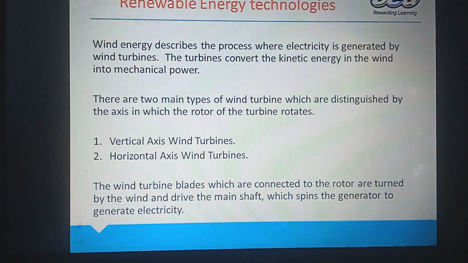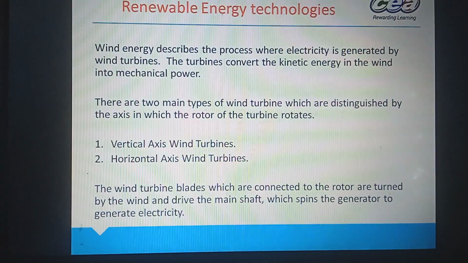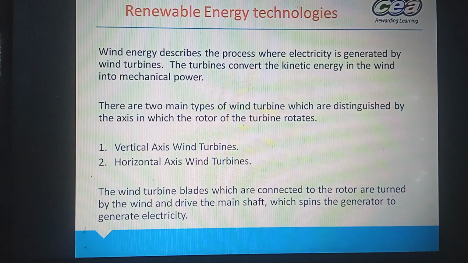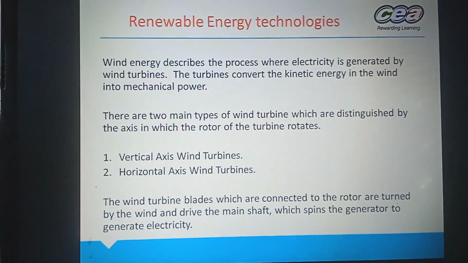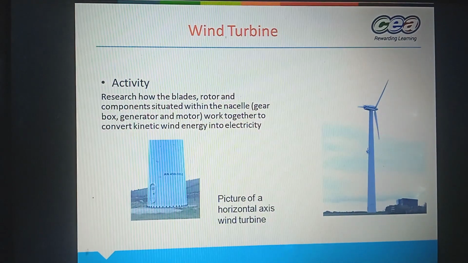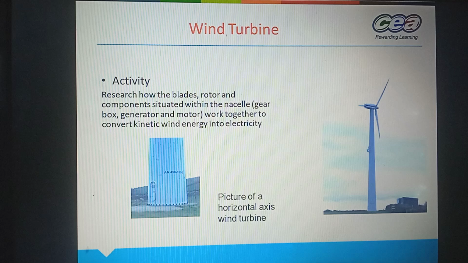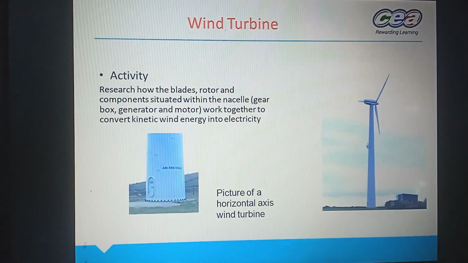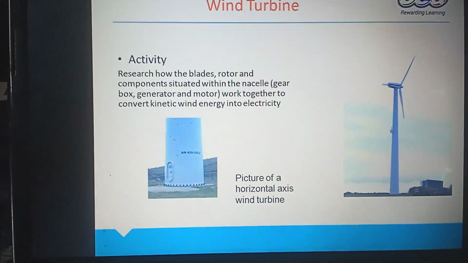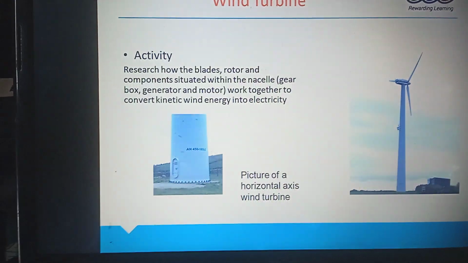The wind turbine blades, which are connected to the rotor, are turned by the wind and drive the main shaft, which spins the generator to generate electricity. Wind turbine activity: research how the blades rotate and how the components situated within the nacelle work to convert kinetic energy into electricity. There are two pitches in the horizontal axis. This is an example for you.